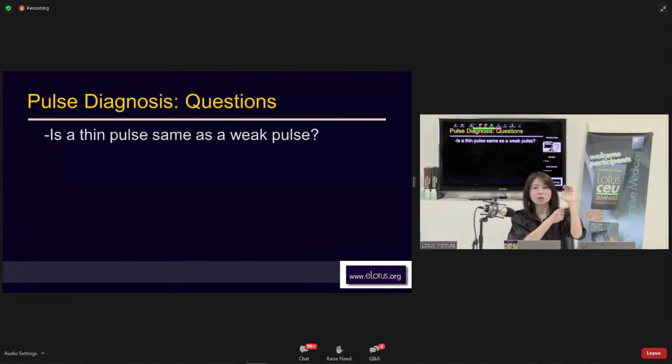If it's between guan and chi, it's indicating the swelling or the mass is between the middle and the lower jiao. And if the convex pulse or the bulge is right on the position of cun, guan, or chi, that means it's either in the upper, middle, or lower jiao. Okay, is that clear?